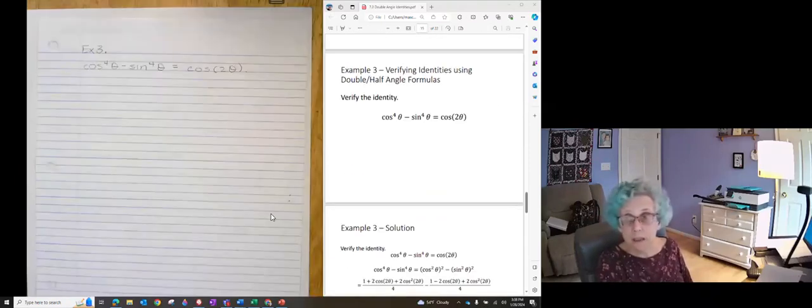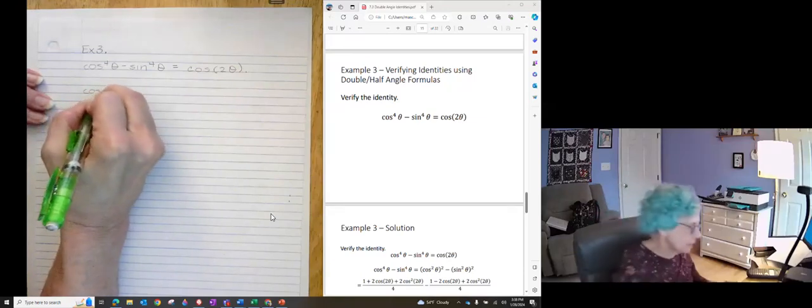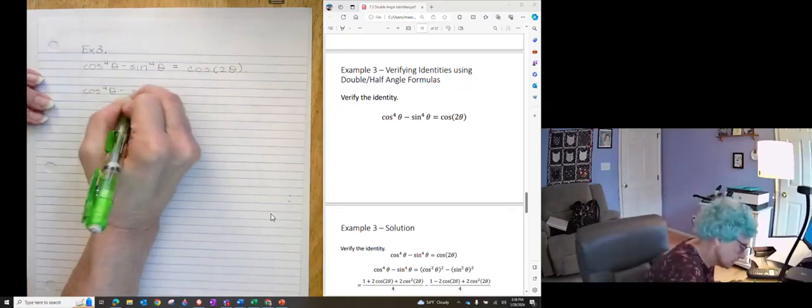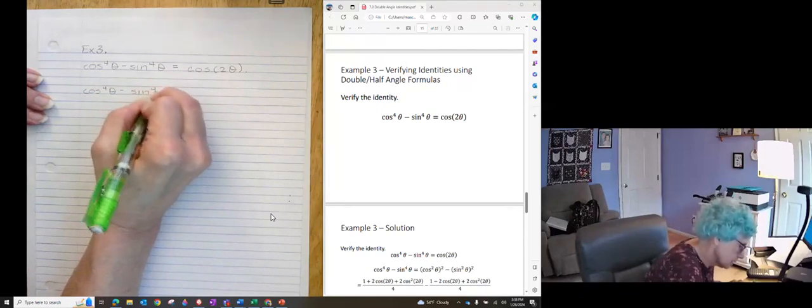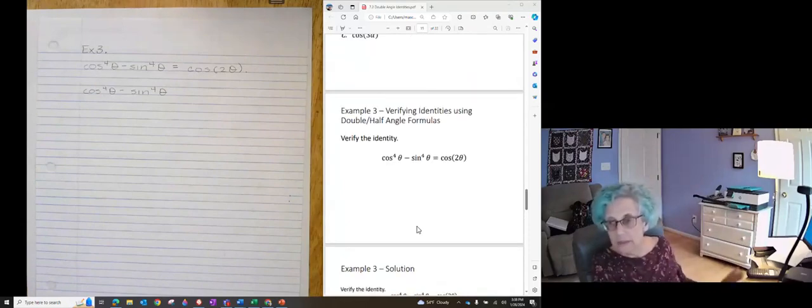Next, we'll look at example 3. I've written down the identity. Now I'm going to start with the more complicated side. So cosine to the 4th of theta minus sine to the 4th of theta. Now, I did it on the slide using the power reducing formulas.